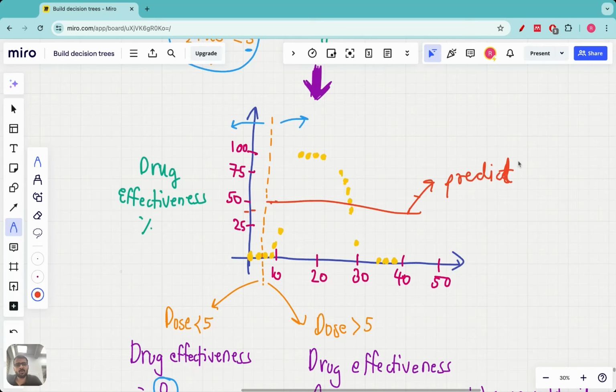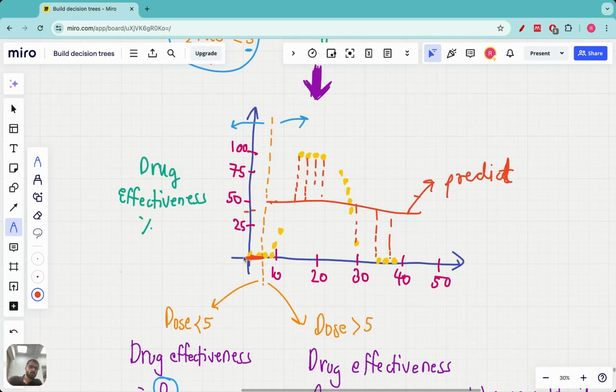And similar to the way we did before, we are going to find the difference between the true value and the predicted value for all these points. And then we are going to take the squared sum of these and we are going to add them. On the left hand side, the prediction is 0. So we'll do the same process, but it wouldn't matter because the true value is 0 and the predicted is also 0.